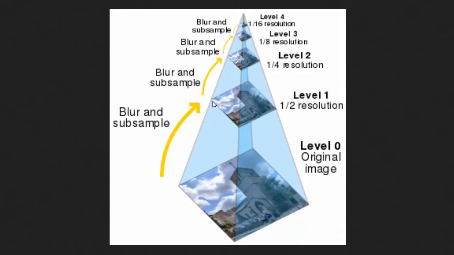Then when you downscale an image using a pyramid function, it's going to give you an image which has half the resolution of the original image. And then when you go further up, it's going to give you 1/4 of the original image, and so on, so 1/8 or 1/16 of an image.